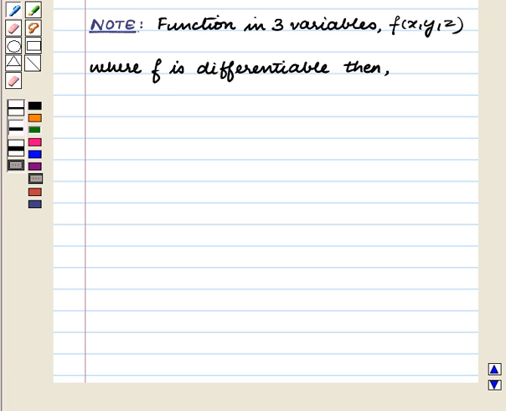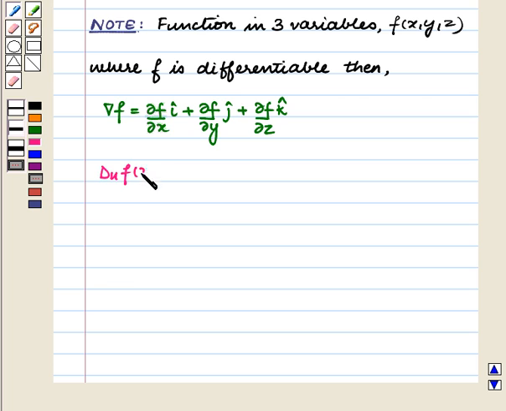Note that if we have a function in three variables f of x, y, z, where f is differentiable, then gradient of f is equal to del f by del x i cap plus del f by del y j cap plus del f by del z k cap, and d sub u of f of x, y, z will be equal to the dot product of gradient of f of x, y, z and unit vector u.